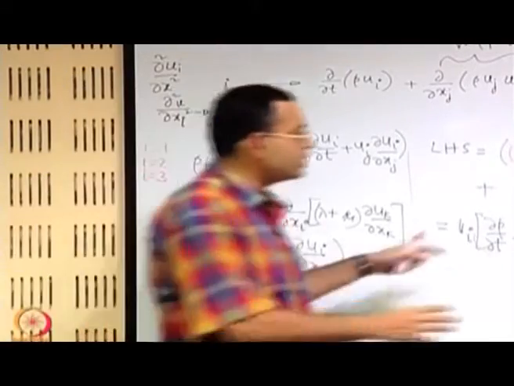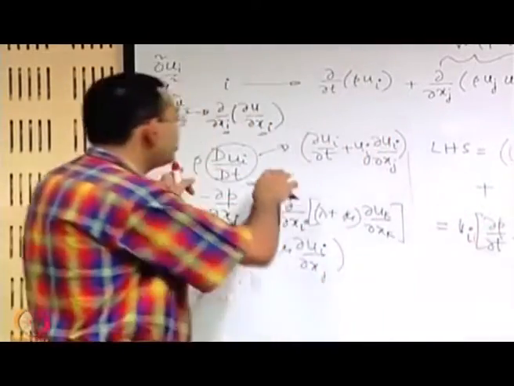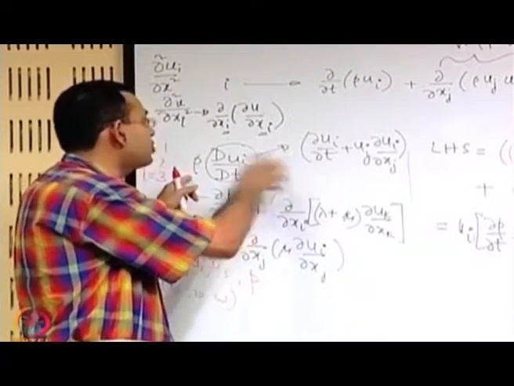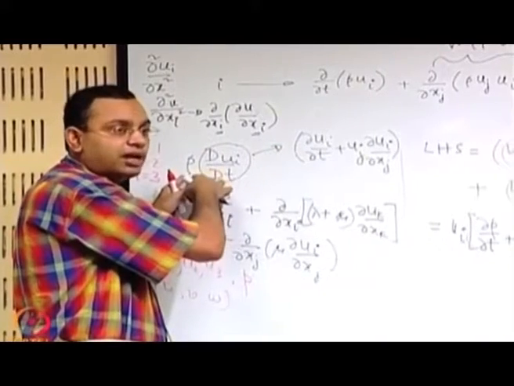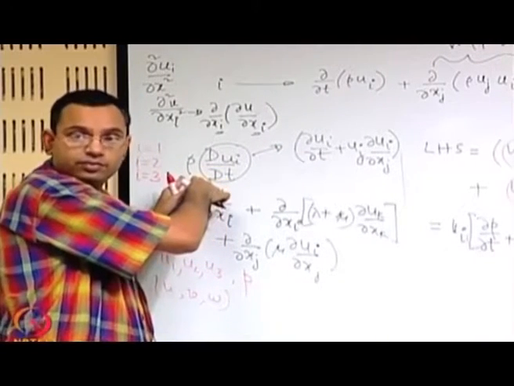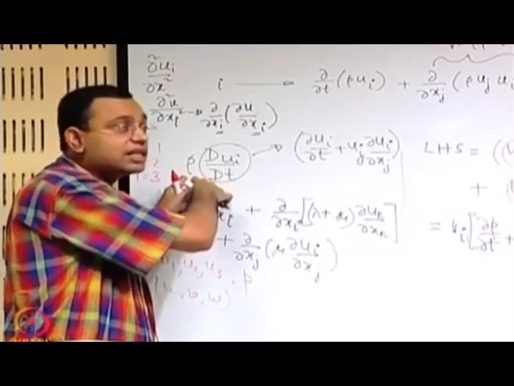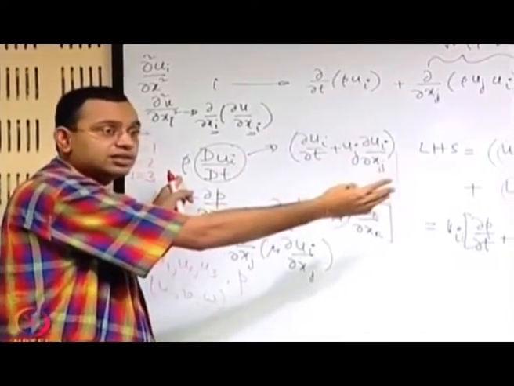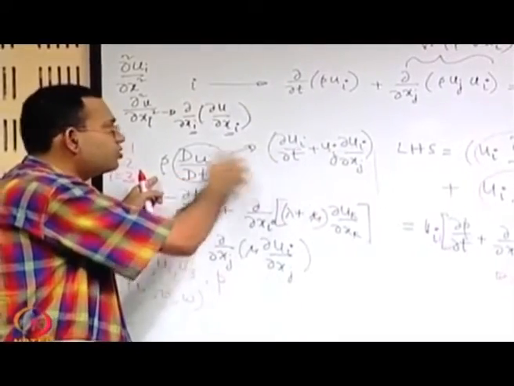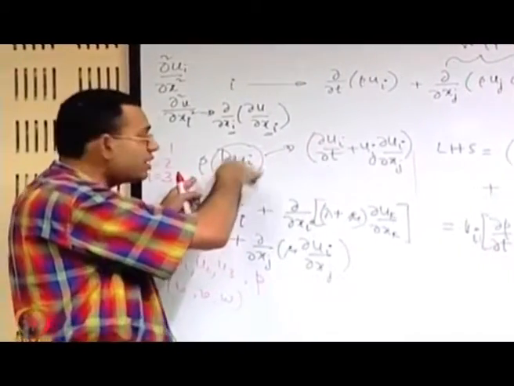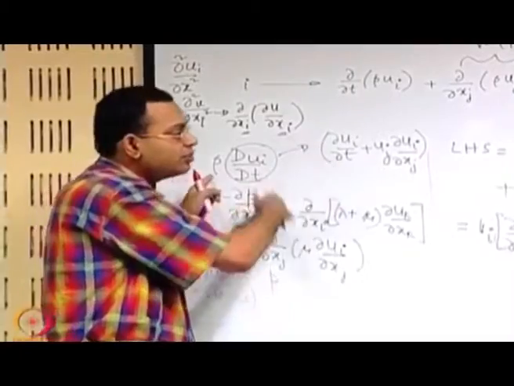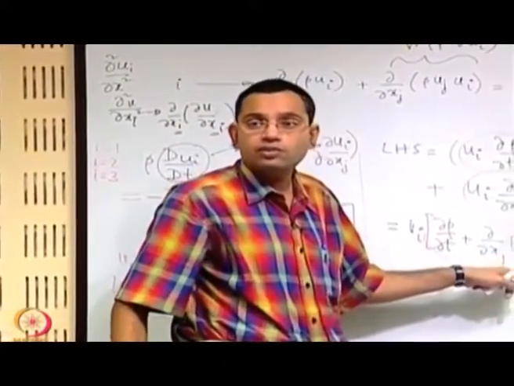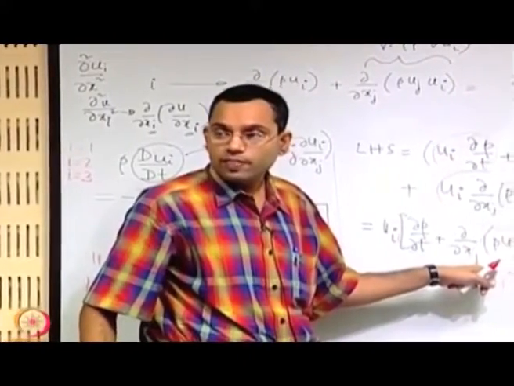If you do not go through the derivations and just look at it, common sense might lead you to conclude that rho is a constant, which is why it is out of the derivatives. But if you know the derivations you will realize that rho has come out not because it is a constant, it may still be a variable; it has come out by use of the most general form of the continuity equation, not for rho equal to constant.